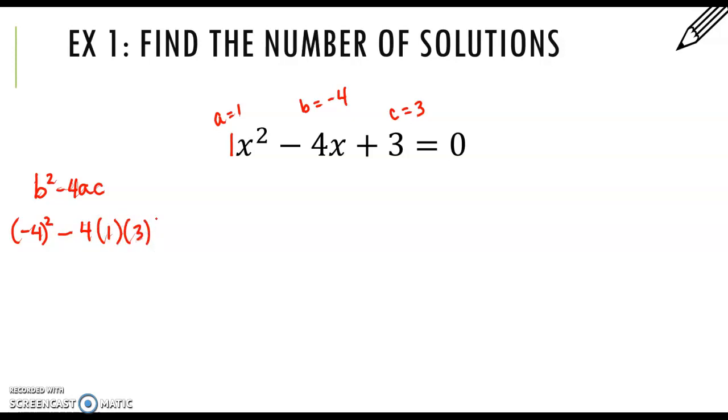So when I do that math, I get positive 16, because a negative times a negative would be positive, minus 12, which is 4. I don't really care what the number is at this point. I just care whether it's positive or negative. It's positive, so I have 2 solutions.